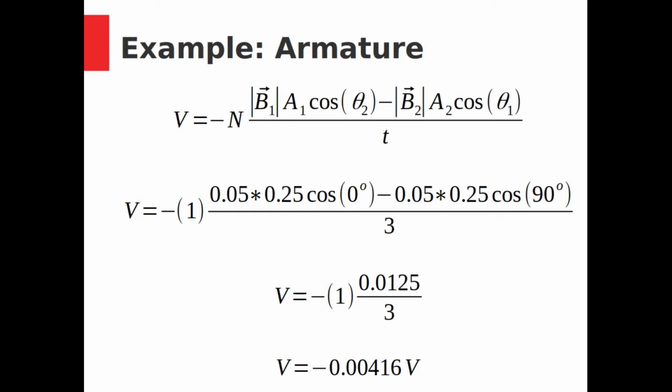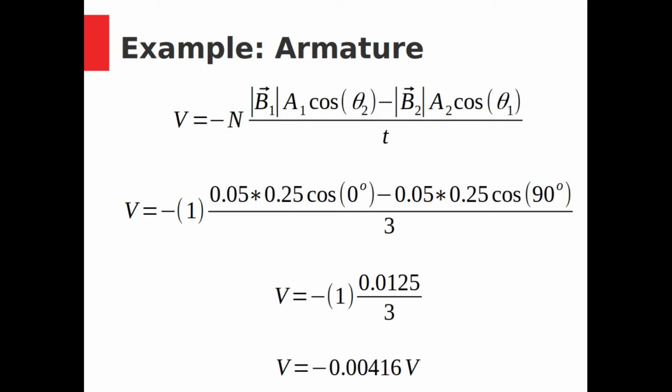There's only one loop. The B field is 0.05 Tesla, the area is 0.25 meters squared, and the time is 3 seconds. Initially, the loop was edge on, that's an angle of 90 degrees, but it eventually turns to be face on, an angle of 0 degrees.